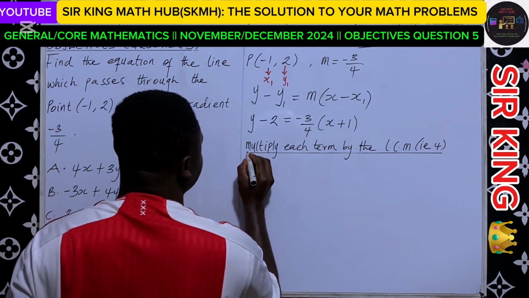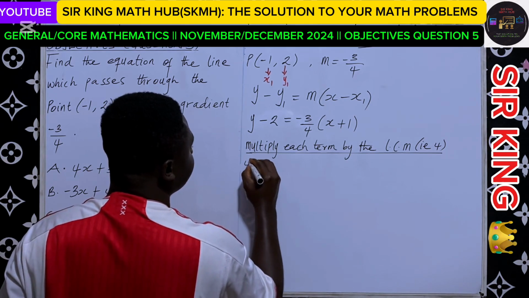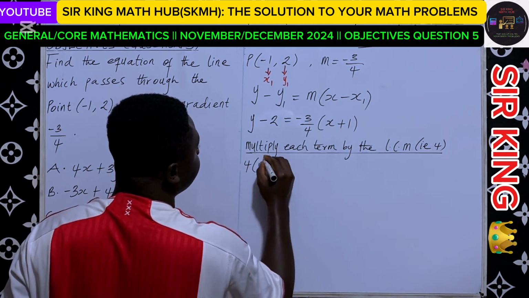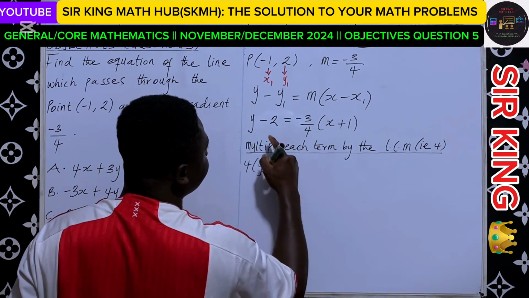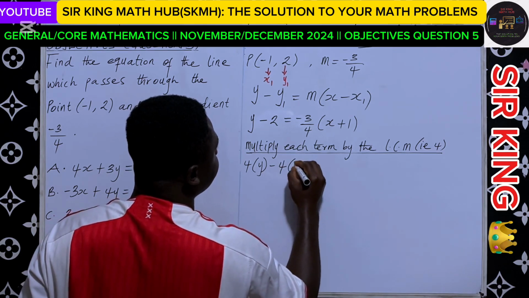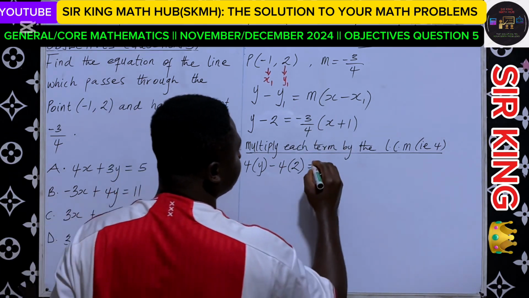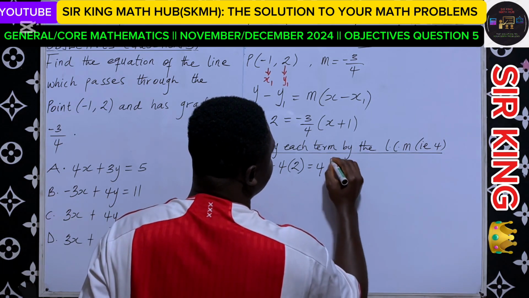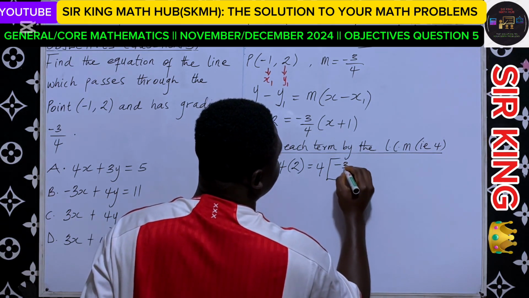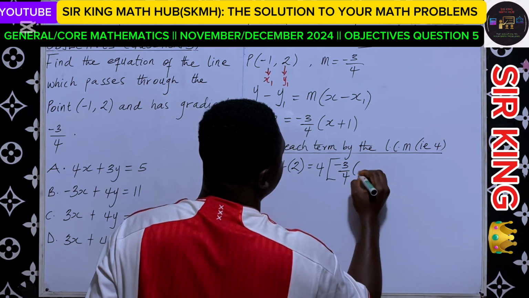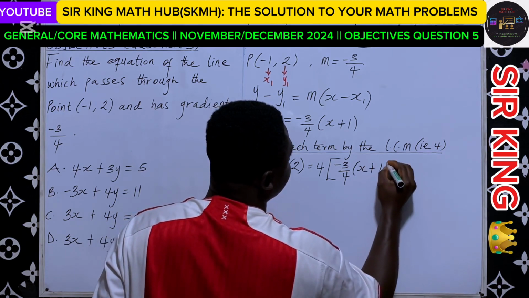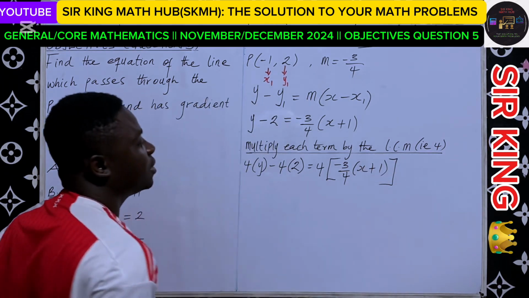So the first term multiplied by the LCM, the second term multiplied by the LCM, and the whole of this is the third term. So we also multiply it by the LCM.